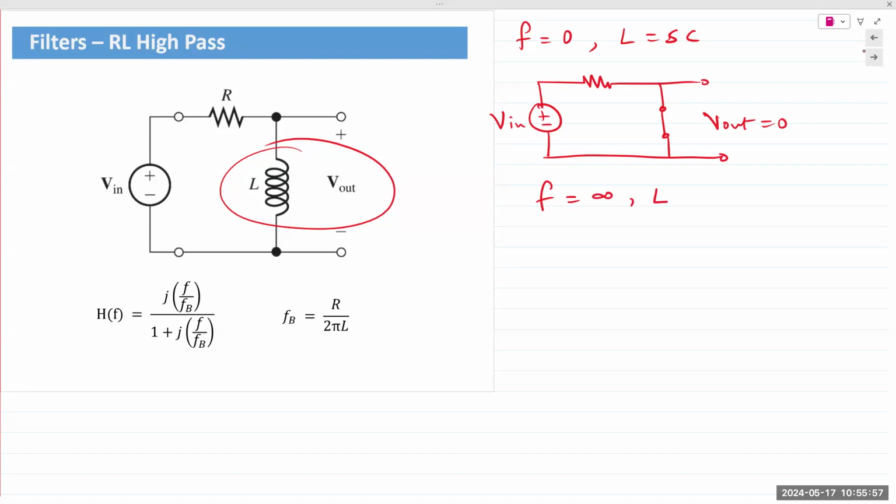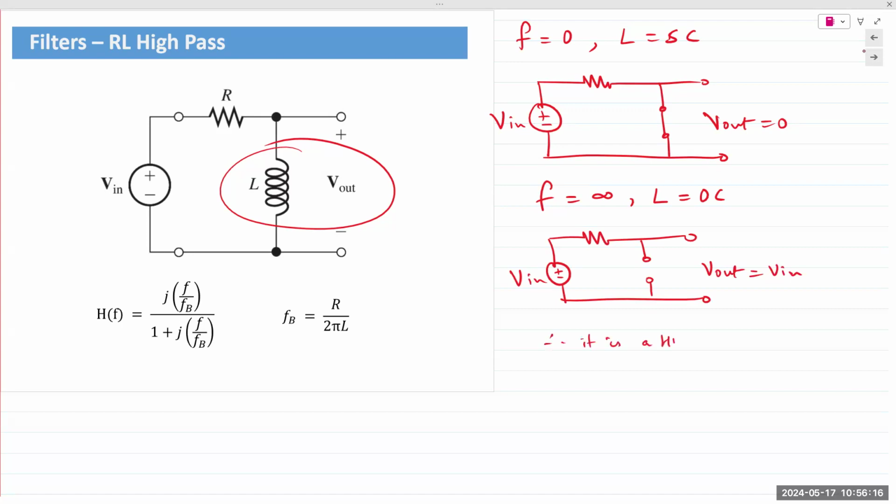When f tends towards infinity, the inductor behaves like an open circuit. High frequencies are passed through, and you obtain output. Therefore, it is a high pass filter.